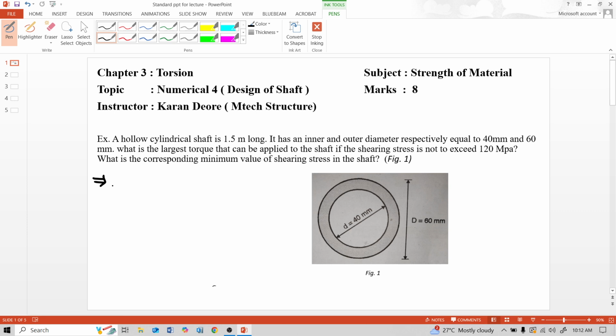So the given data in this numerical is: length of shaft capital L is equal to 1.5 meter, inner diameter small d is equal to 40 mm, and outer diameter capital D is equal to 60 mm. And shearing stress tau should not exceed, that means not be greater than, 120 MPa.